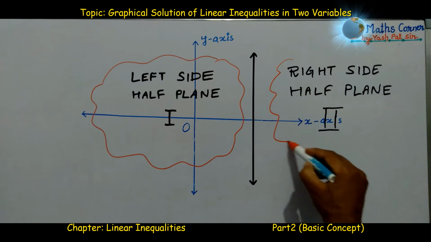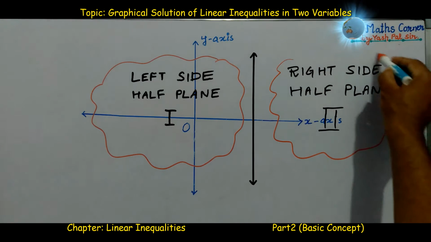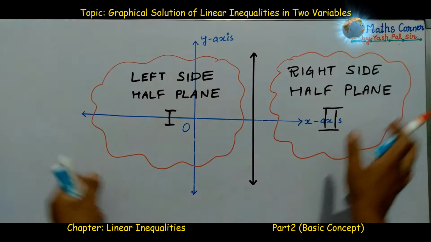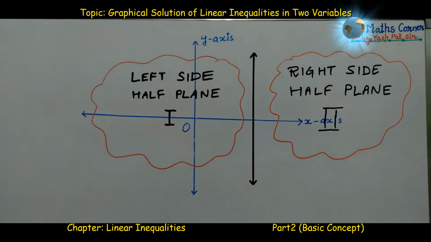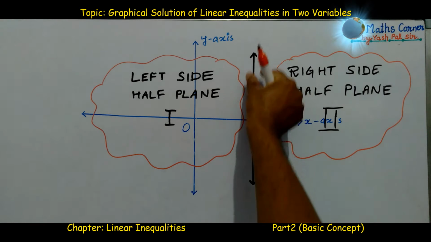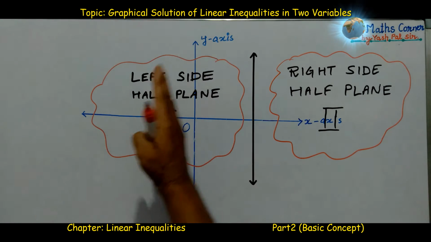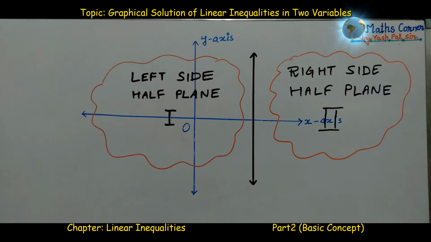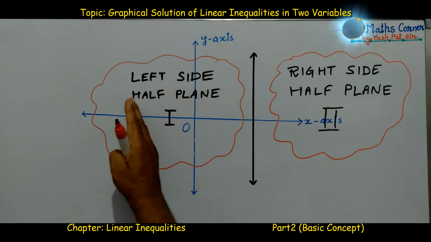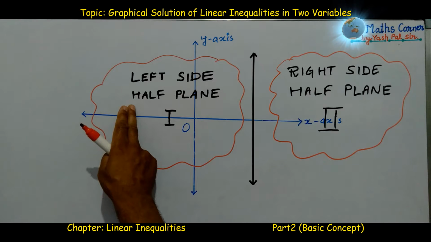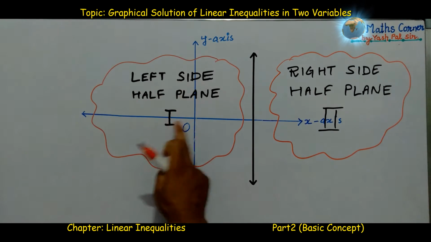So half plus half makes the full coordinate plane. Once again, the line is dividing the whole plane into two parts, half planes: left half side and right half side.